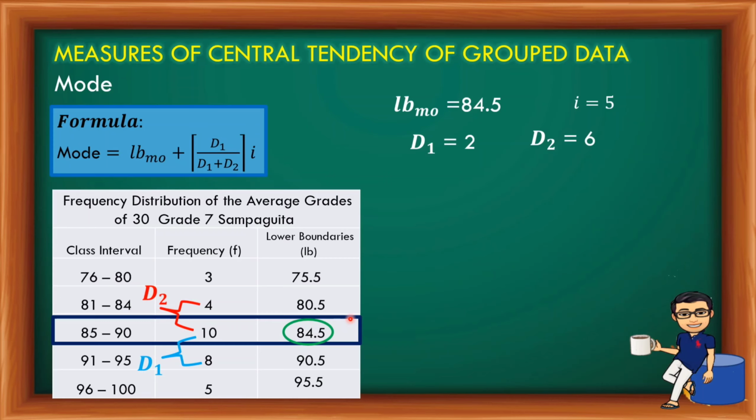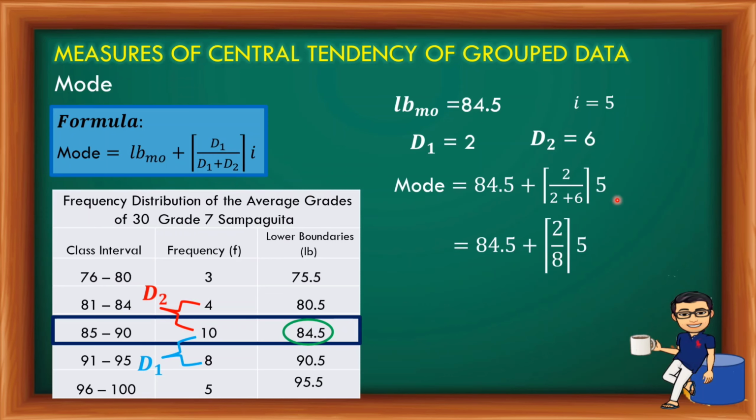Gamit ngayon ang formula dahil given na yung mga information natin, isa-substitute na natin. Lower boundary of the modal class is 84.5. Ang ating d sub 1, which is 10 minus 8, which is 2. Tapos, ang d sub 1 uli ay 2 plus d sub 2 ay 6, times 5, yung interval. After that, in-add natin ang 2 plus 6, we have 8 times 5 pa rin. Next is 5 times 2, 10 divided by 8 is 1.25.